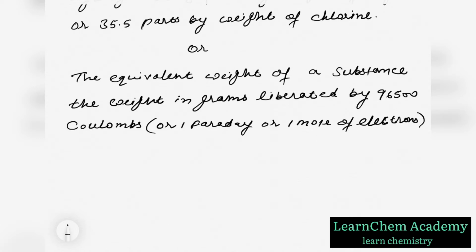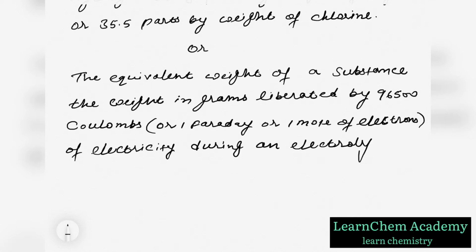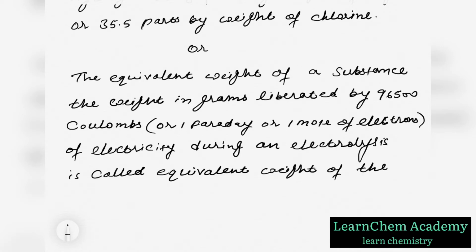So the weight in grams liberated by 96500 coulombs of electricity during an electrolysis is called the equivalent weight of the substance.